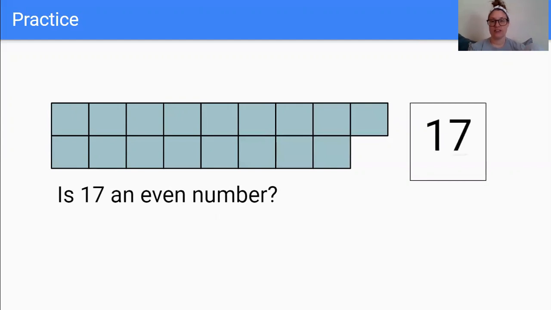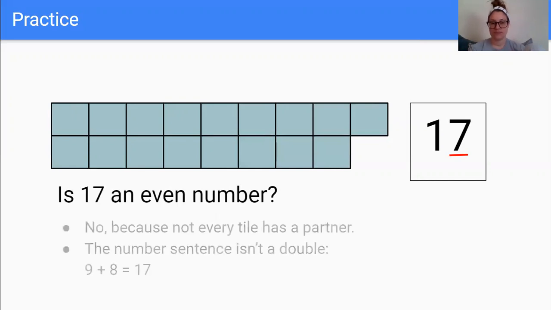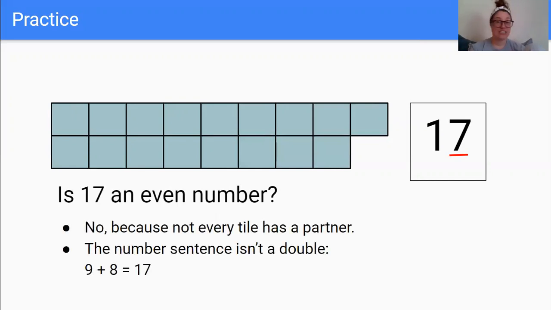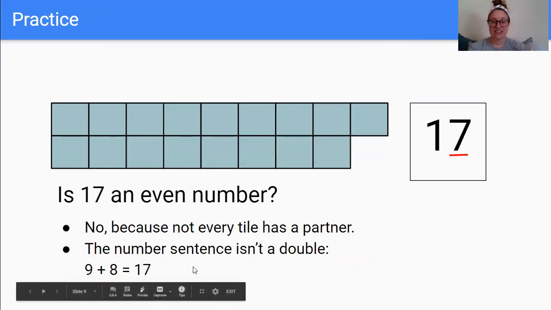Here's 17. Look at the digit in the ones place. It's a 7. So no, 17 is not an even number. 17 is an odd number because here, not every tile has a partner. Here, there's a 7 in the ones place, and the number sentence wouldn't be a double.